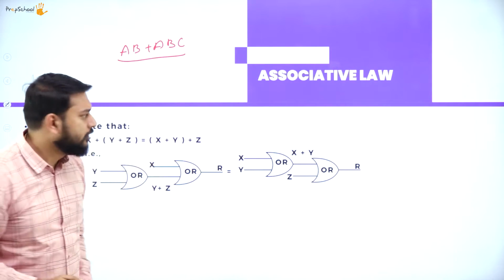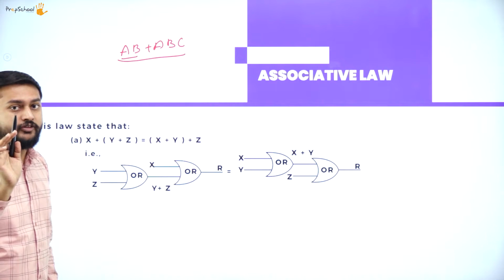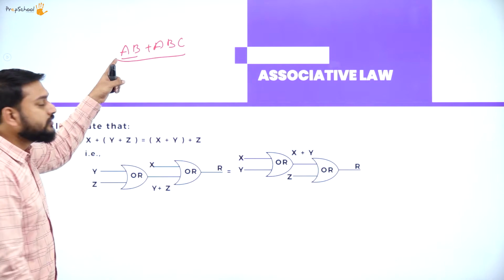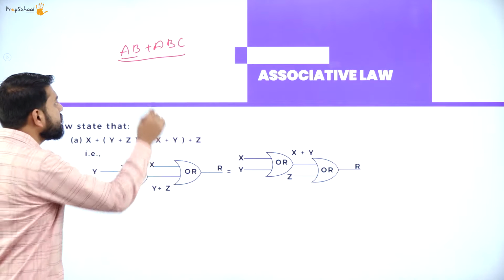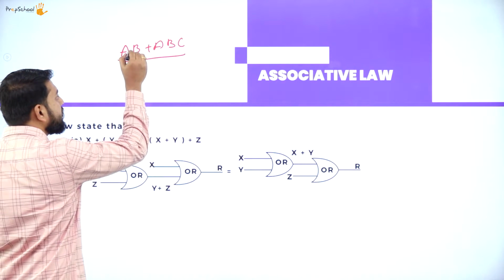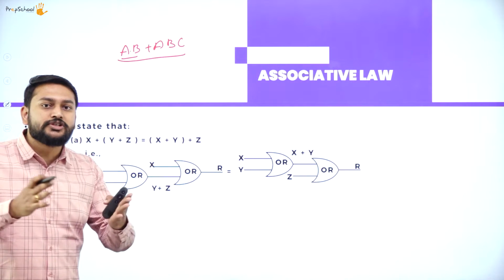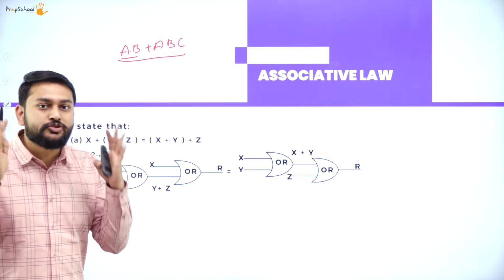It's very simple. How many inputs do I have in the question? I have two, A and B. What is the operator that I have in between? If I don't have anything, it means it is dot. Dot in the sense multiplication. Multiplication in the sense AND. That's what you need to think.